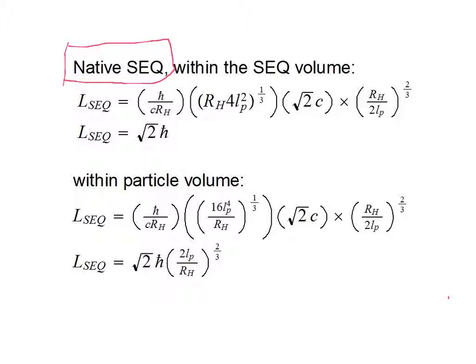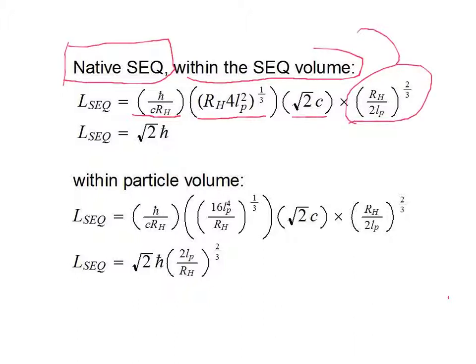And within the volume of one SEQ, the angular momentum, as we have seen, is the mass of one SEQ times the radius of the SEQ times the tangential velocity times the number of SEQ that are within the SEQ volume. And we saw that we had the conserved value.